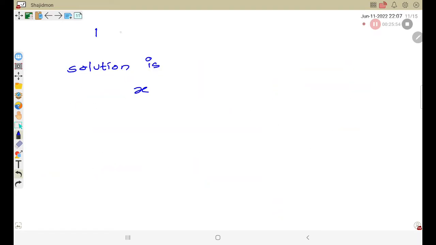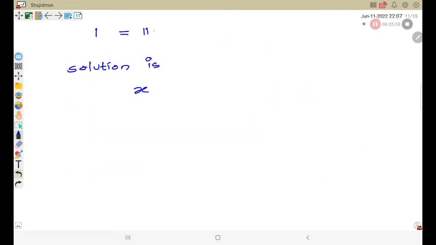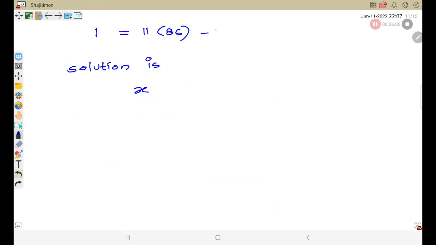What is the last step we got? 1 equals 11 multiply 86 minus 27 multiply 35. As I told, this number is the GCD number, this number is the M number, and this number is the A number, correct?